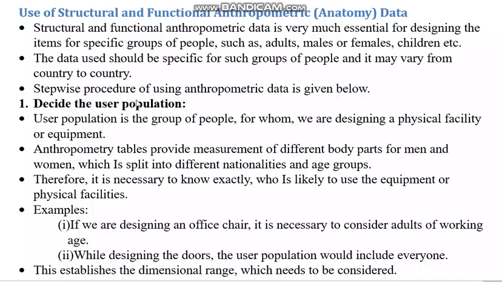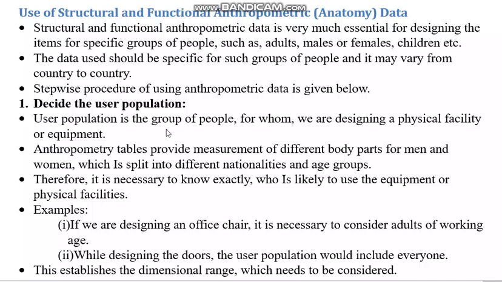Then the stepwise procedure of using anthropometric data is given below. Now let us see the first one. Decide the user population. User population means, as we were saying, if you want to export your auto rickshaw to Nigeria, who is your population? They are the Nigerian people.